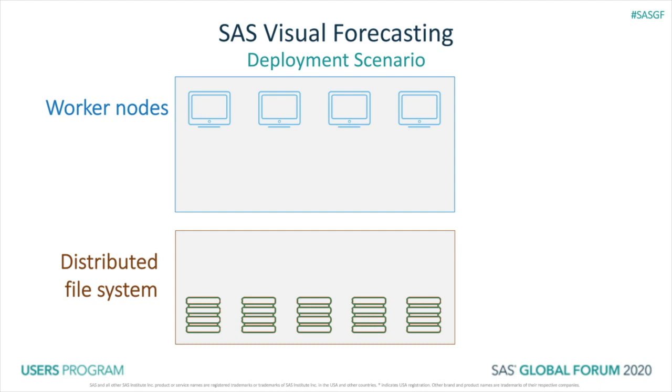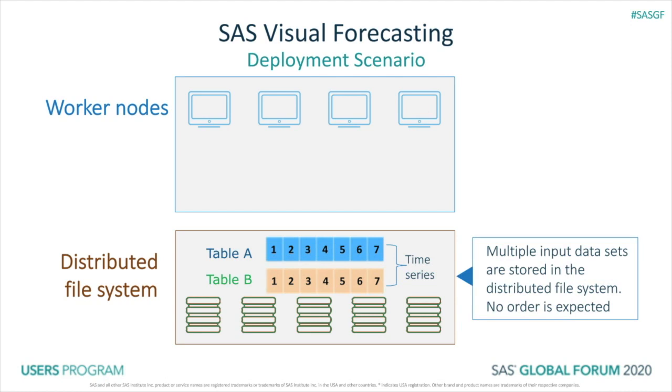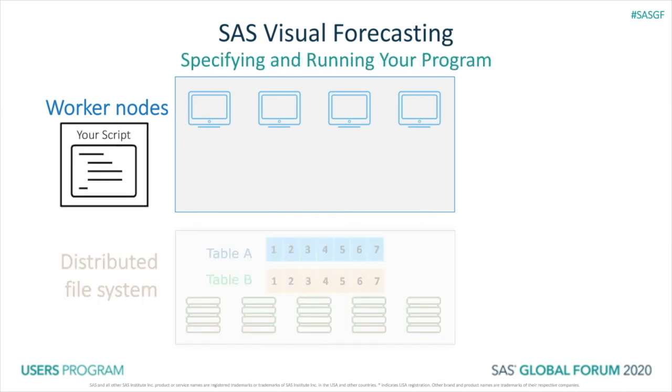The distributed file system is essentially a set of hardware for storage and software to manage that storage in an optimal fashion. As a user, all you're concerned with is that you have data tables, in our case time series data tables, and you want to submit those to the worker nodes to work with them. We're going to ignore the distributed file system details in the interest of time. We'll get back to that later.